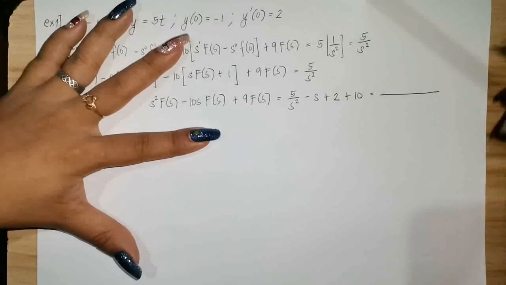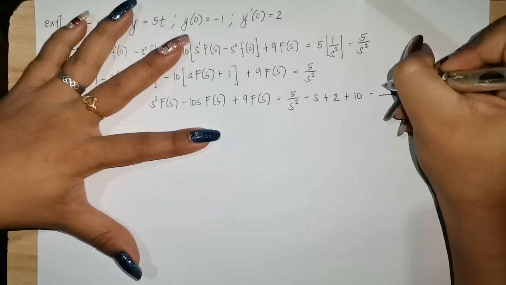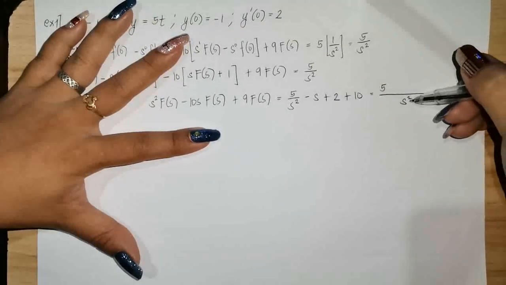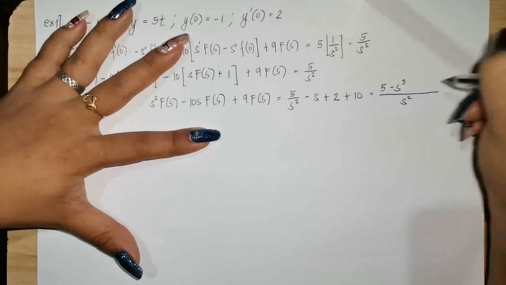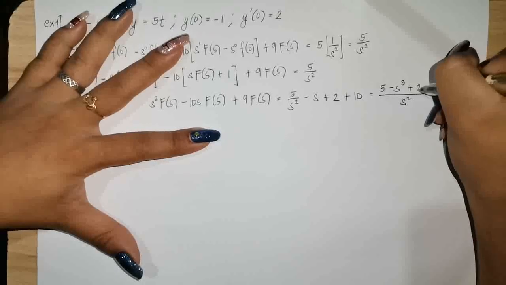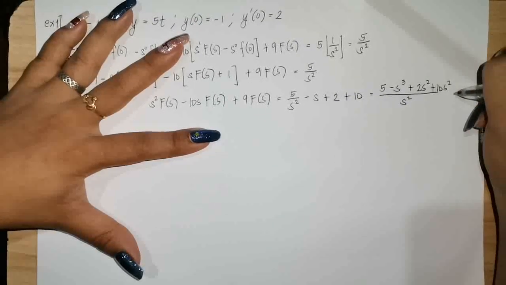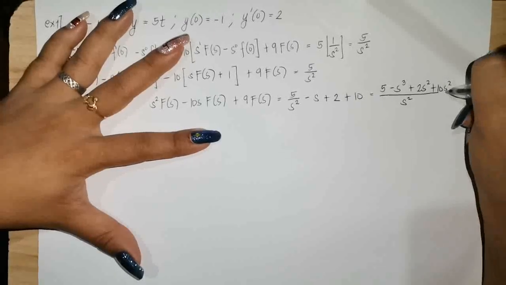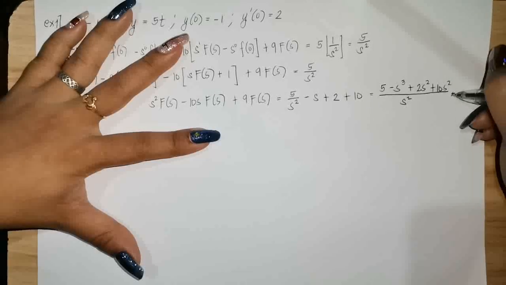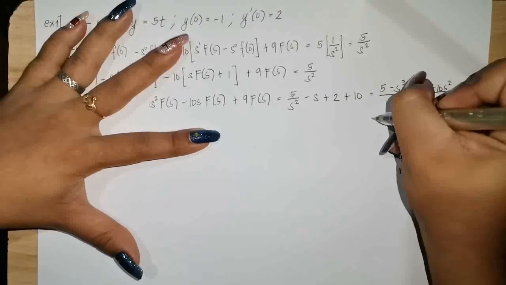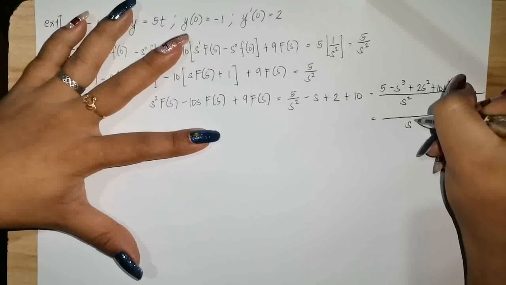Then, we are going to simplify this equation. So, we will have a denominator of s squared, and that will be 5, tapos s squared multiplied to s, that's minus s cubed, plus 2s squared, plus 10s squared. So, siya ngayon ay over s squared.